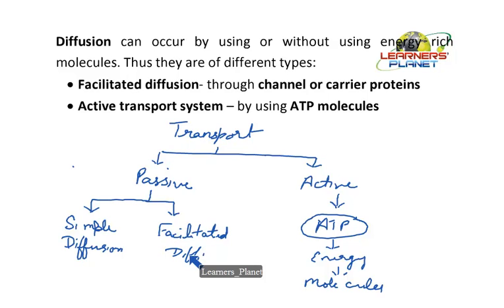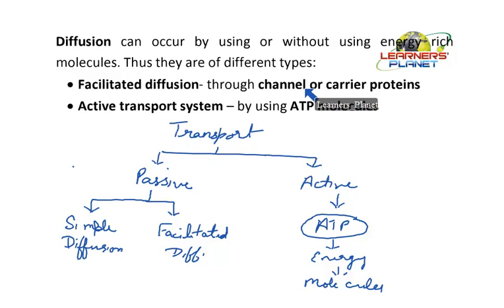Facilitated diffusion. Now this is something very important. Facilitated, as the name suggests, means diffusion is taking place and is provided certain facilities so that it can take place quite easily. What type of facility is provided? In the plasma membrane, certain proteins are also present. Membrane is made up of lipids and proteins.